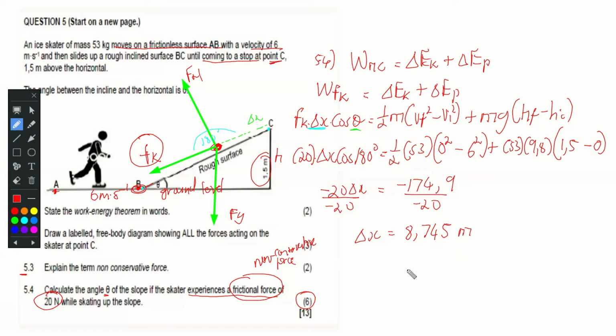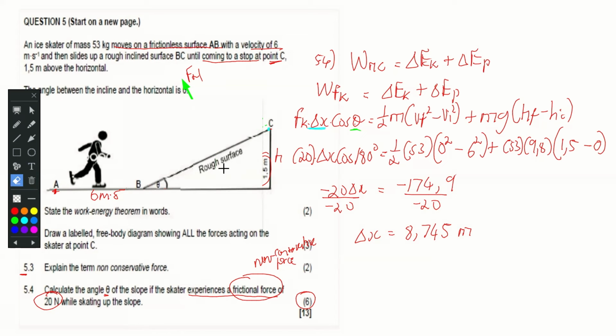So now we have the displacement, that means we can then use SOHCAHTOA or the sine trig ratio. So now we have the fact that from B to C, it's 8.745 meters. And then the height we are given to be 1.5.